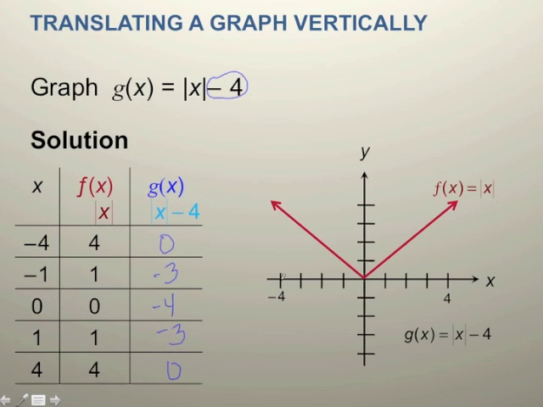Negative 4, 0. Negative 1, negative 3. 0, negative 4. 1, negative 3. 4, 0. It's still that V, except now it moved down. So after we did the absolute value, this moved it down 4.